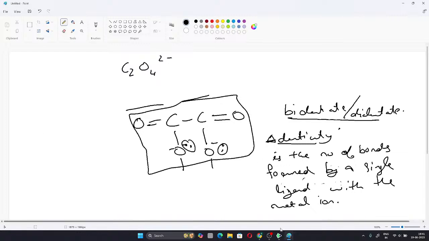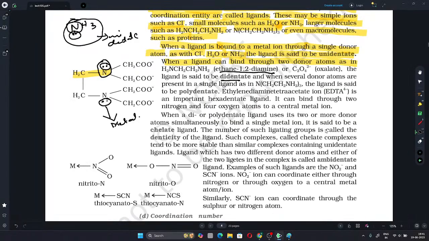In the case of ethane 1,2 diamine, I believe even this can form bonds with, this is not bidentate but hexadentate.